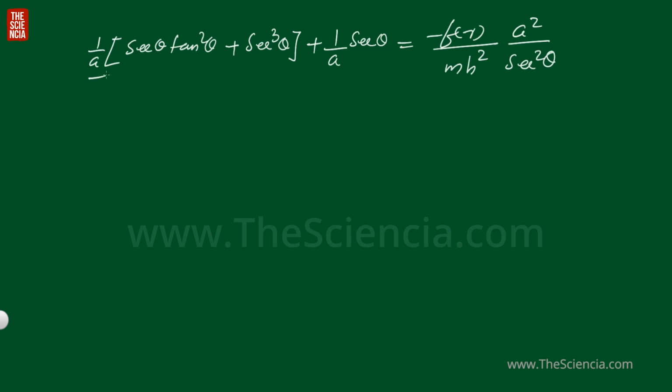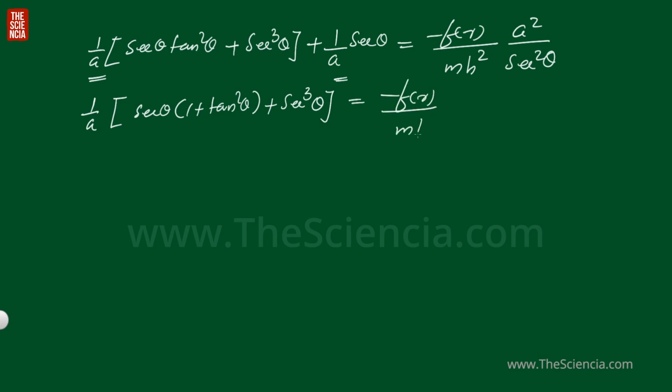Here you can see we have a common term, that is 1 by a. So I can again rearrange this equation, that is 1 by a into sec theta into 1 plus tan square theta plus sec cube theta equal to minus f of r by m h square a square by sec square theta.